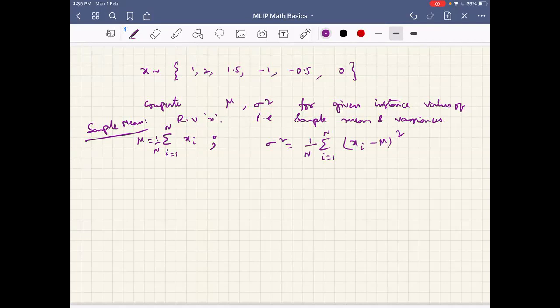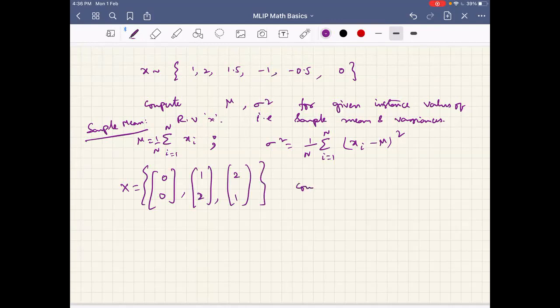Now I will give two-dimensional samples. X equal to 0, 0; these are the possible values: 1, 1; 2, 1; and 1, 2. Assume that these are all I have given.